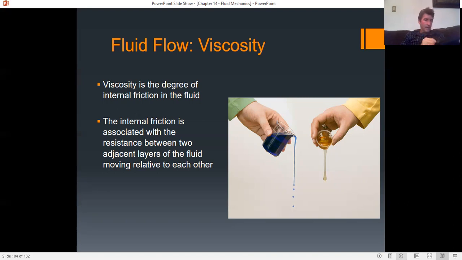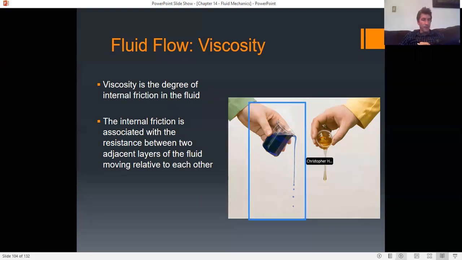Here, they've just colored the water so it's easier to see. You can see how easily the water flows from this beaker. Again, they just added blue coloring to demonstrate this. But in the other beaker, there looks to be like motor oil, which has a higher viscosity.